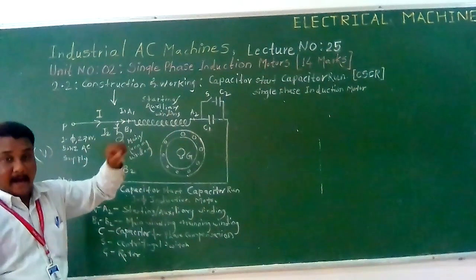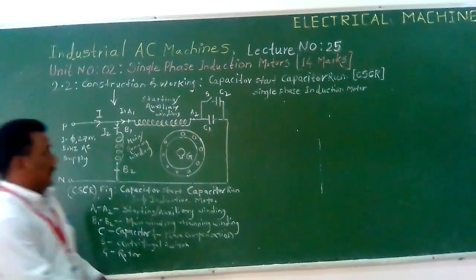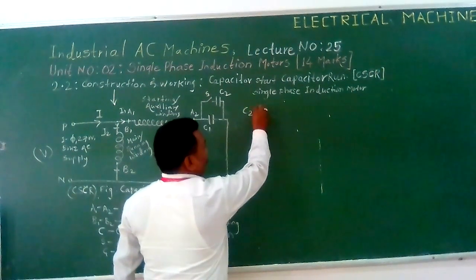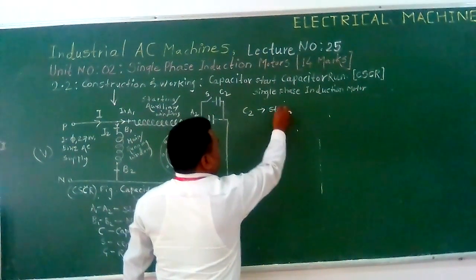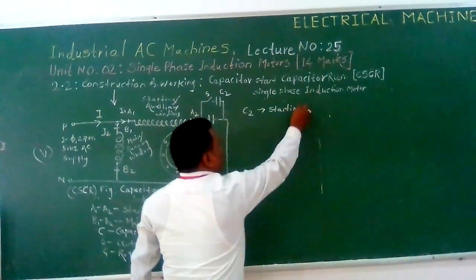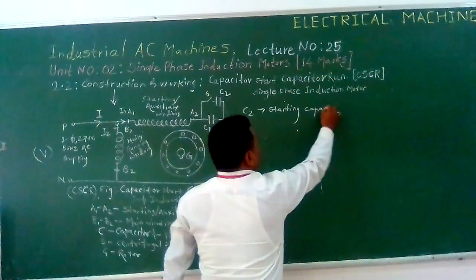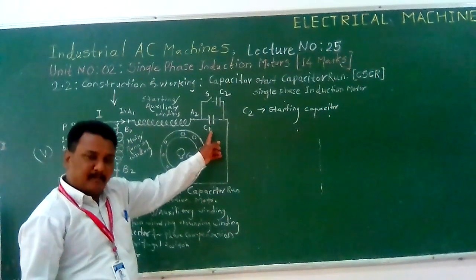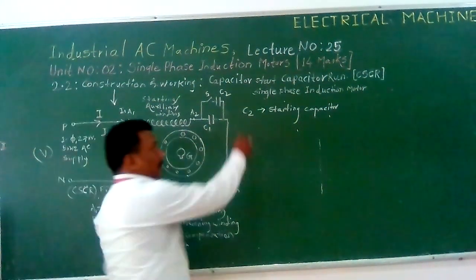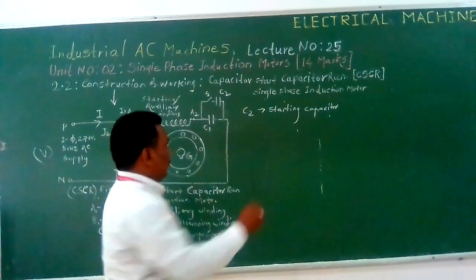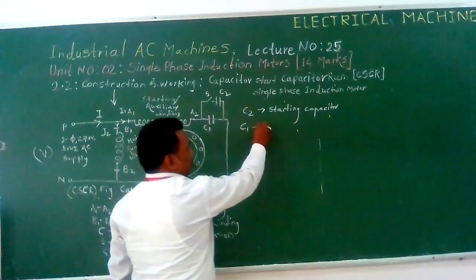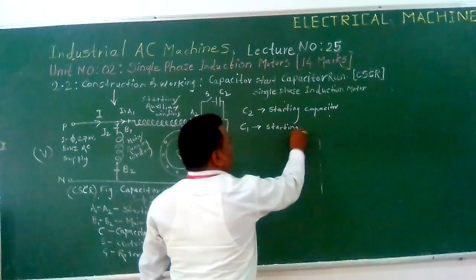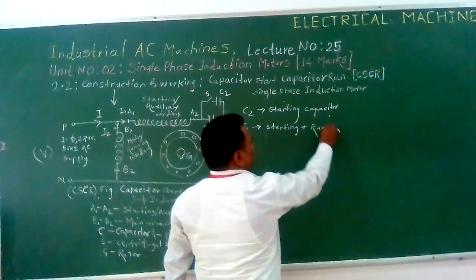Now identifying the capacitors, C2 is only the starting capacitor. No doubt C1 is also present at that time, but C1 plays an important role: C1 is the starting plus running capacitor.